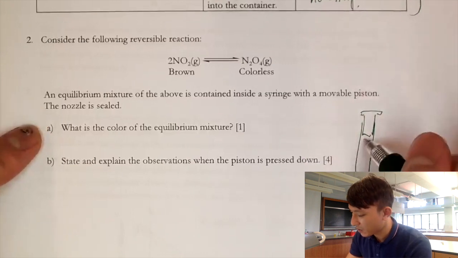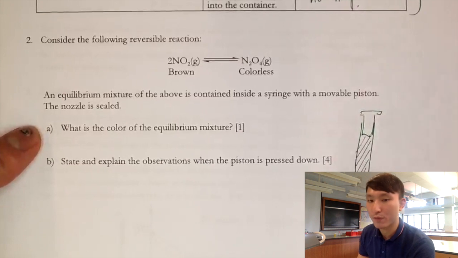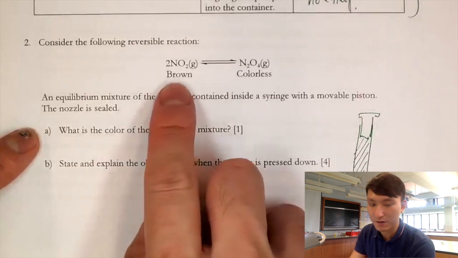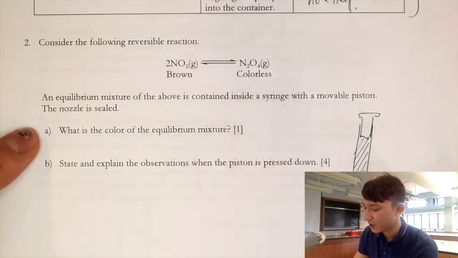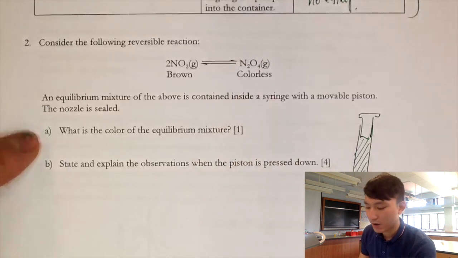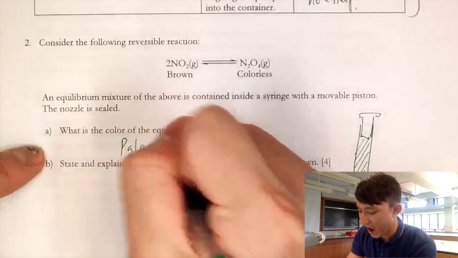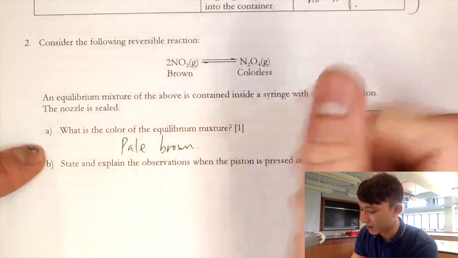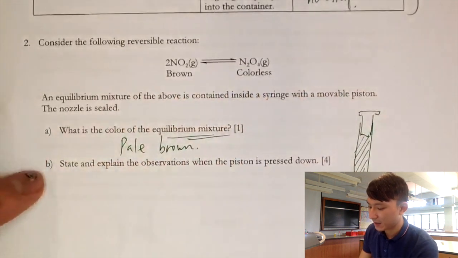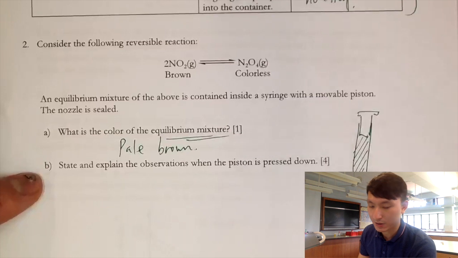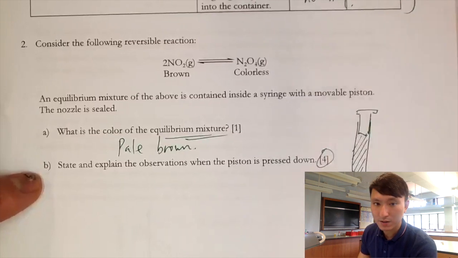Now the gas originally should be pale brown because you have some brown thing plus some colorless thing. Now state and explain observations when the piston is pressed down. You notice there are 4 marks because there are 2 observations.